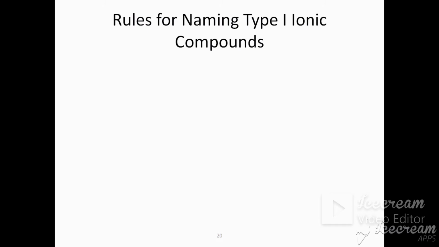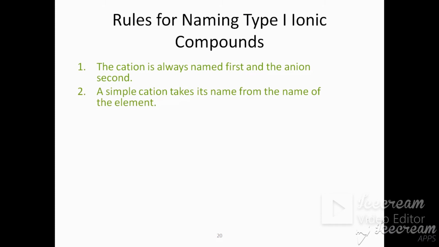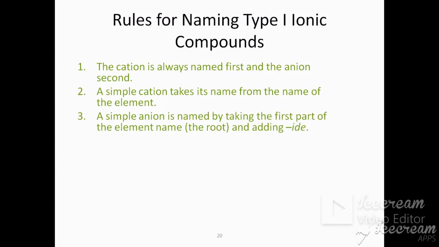Rules for naming type 1 ionic compounds. The cation is always named first and the anion second. A simple cation takes its name from the name of the element. A simple anion is named by taking the first part of the element name and adding IDE.